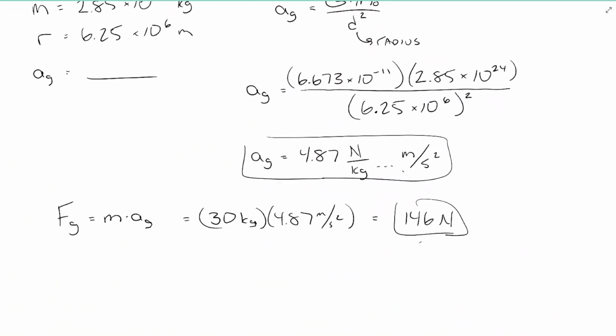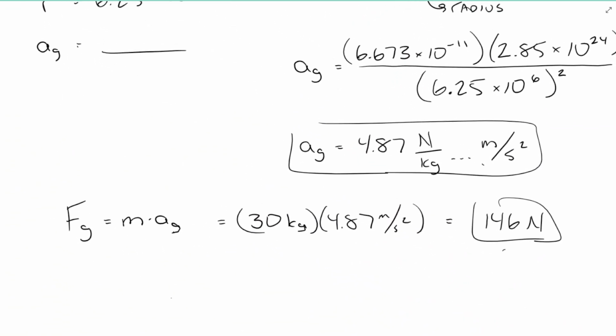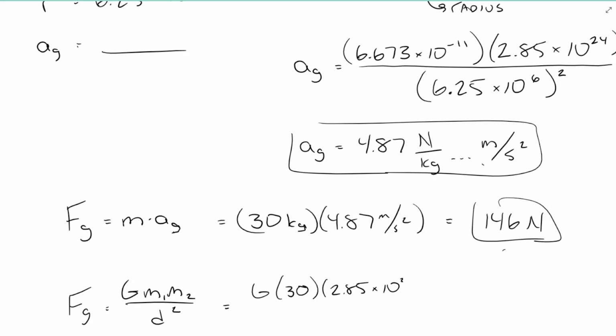If we consider the force of gravity not as F equals ma, but as Newton's law of universal gravitation, where Fg is big G, the mass of one object, the mass of another, and the distance between them squared, our equation becomes big G, the mass of the object that's on the planet, the mass of the planet itself, 2.85 times 10 to the 24, divided by the radius, or the distance between the objects, which is effectively the radius of the planet itself. And we would square that.